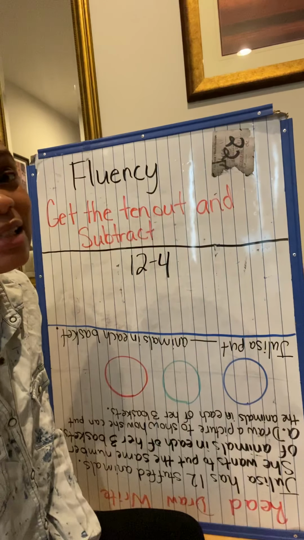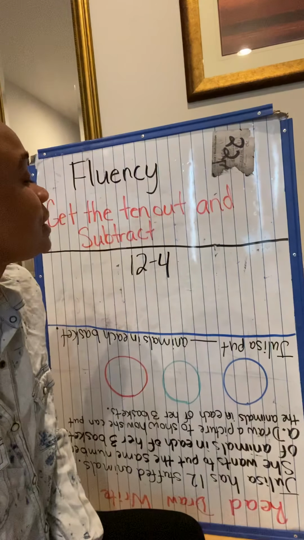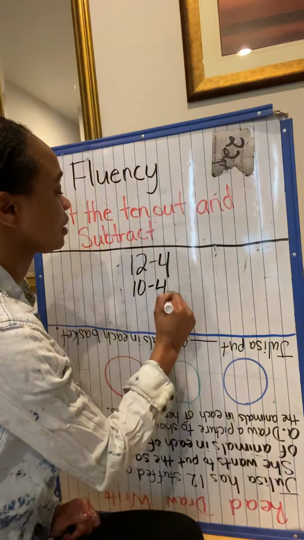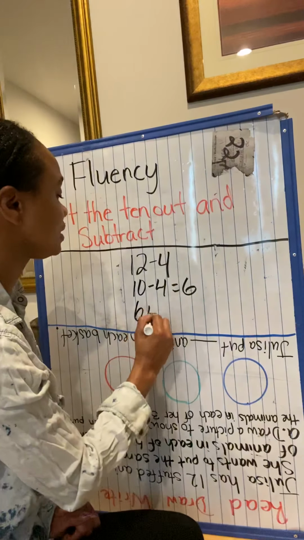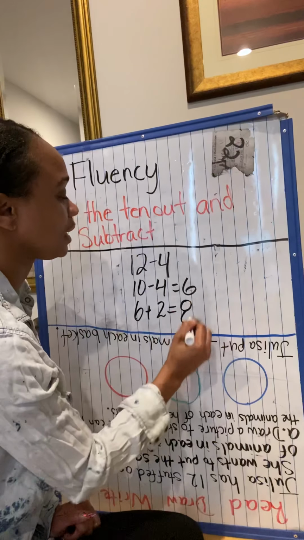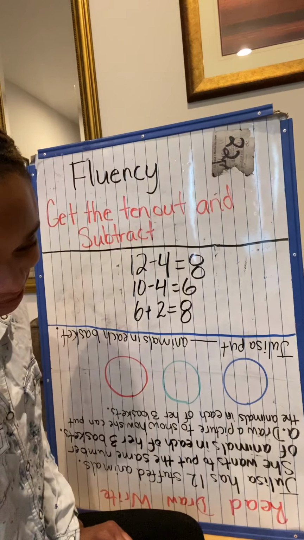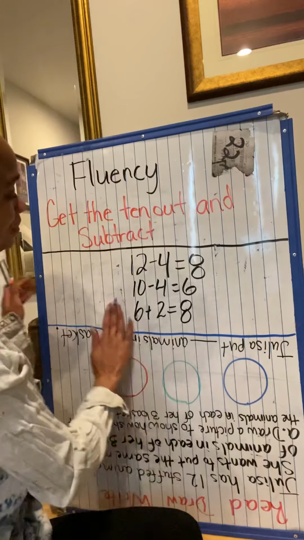Give me a number sentence starting with 10 first. Yep, 10 minus 4 equals 6. But now we're going to add the rest of the ones back. So we're going to say 6 plus 2 equals 8. So therefore, 12 minus 4 equals 8. You got it. Let's go ahead and try another one.